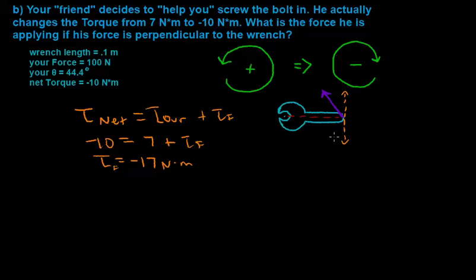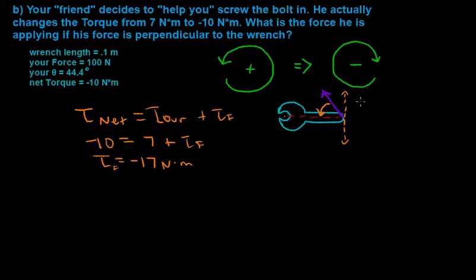And we can use the right hand rule, because if our torque was positive and we point our hand along our vector and curl our fingers toward the length of our wrench, then we have our thumb pointing out toward us so that we know that we have a positive torque.